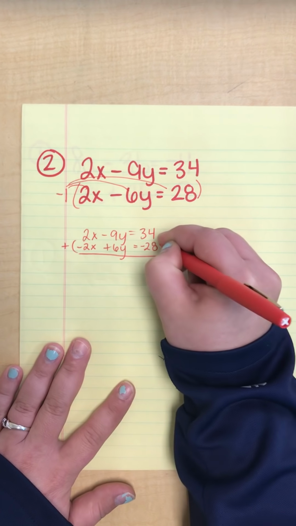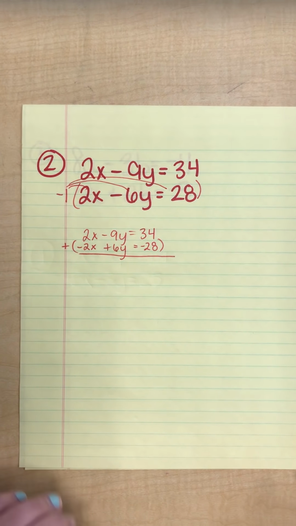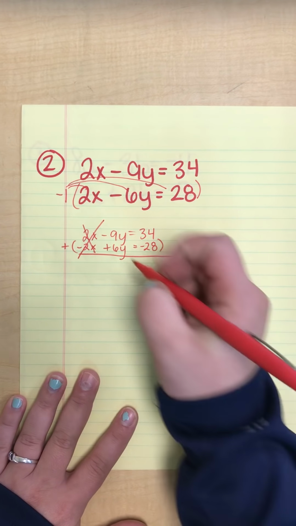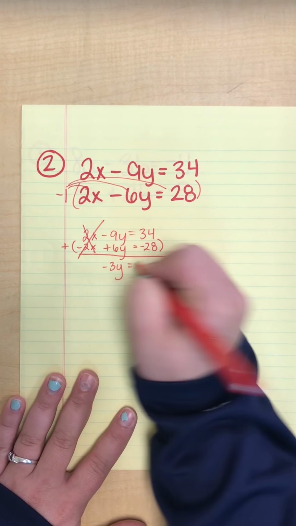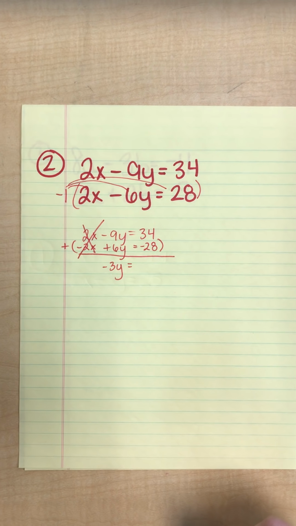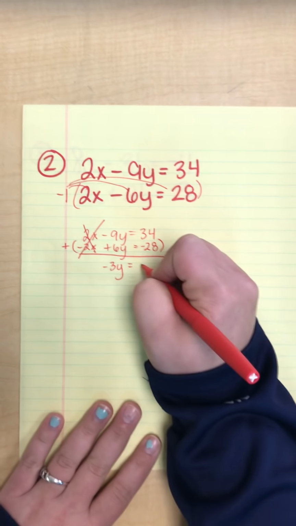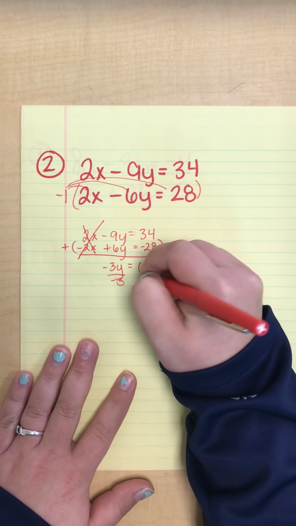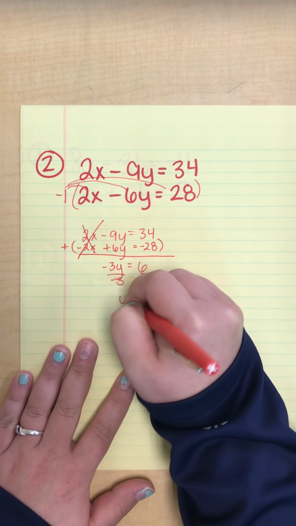Now I can add the two equations together. Okay, so my x's this time are going to cancel. Negative 9 plus 6 gives me negative 3y. 34 plus negative 28 gives me 6. Divide by negative 3, so y is negative 2.